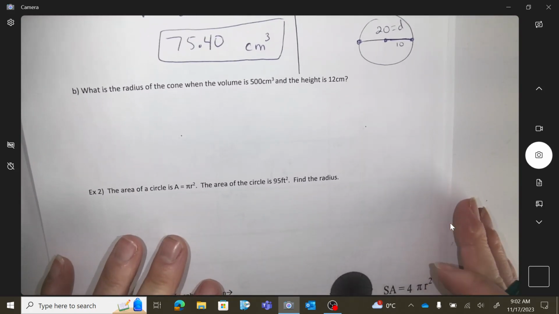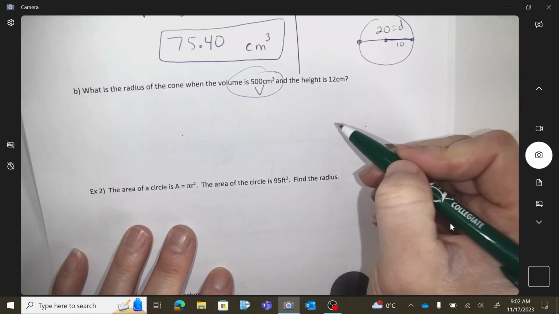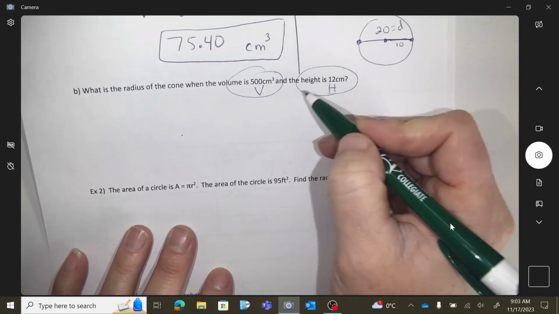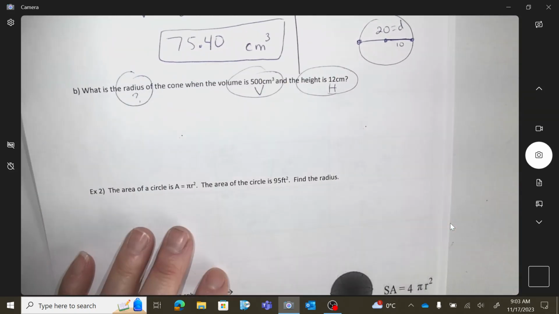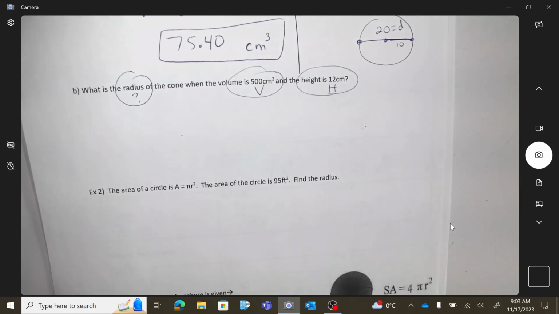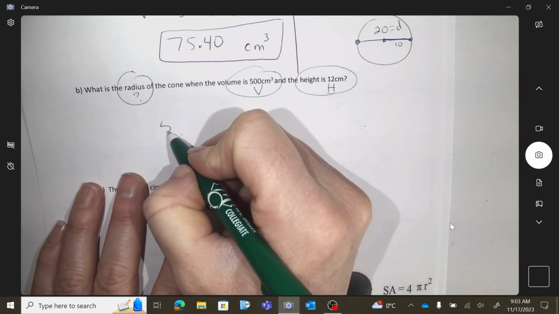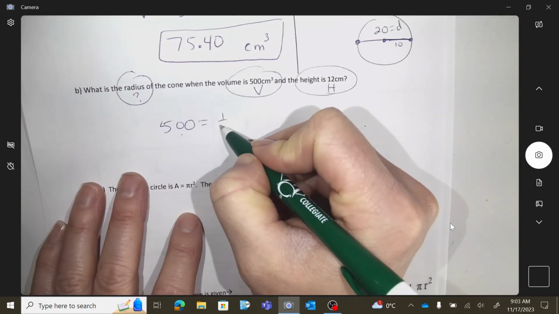Okay, this time I gave you the volume, I gave you the height, and I want to figure out the radius. Okay, so same formula. So plug in 500.